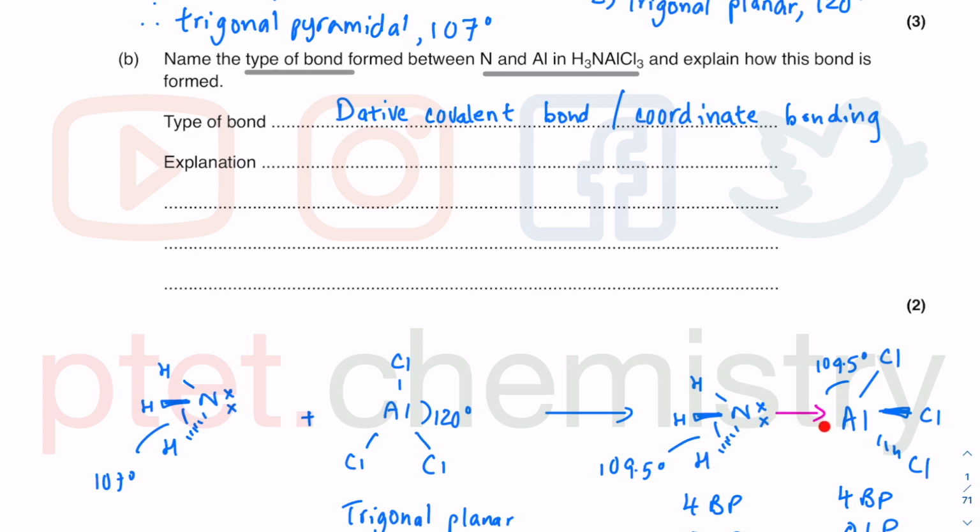That's why we have this arrow, to tell us that this is the donor of two electrons going to the empty orbitals. The aluminium is accepting the pair of electrons there.